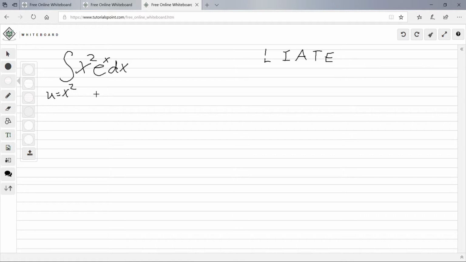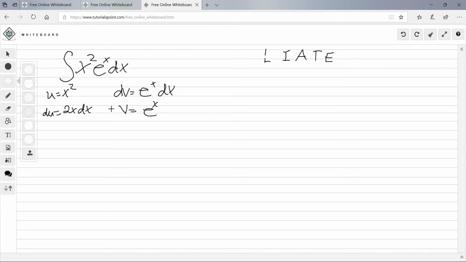And then our dv, we have an exponent, so this will be our dv, so it's e to the x. So let's take the derivative of u, so that du, oh, don't forget the dx for the dv. So our du is 2x dx, and then our v, if you take the integral of e to the x, it's still just e to the x.